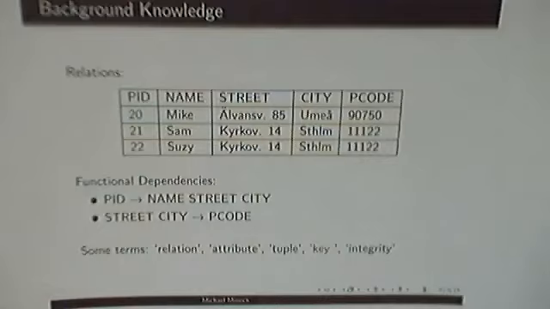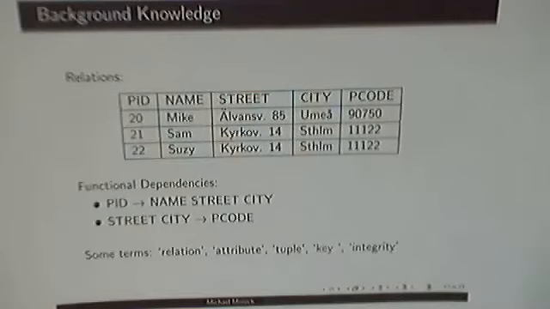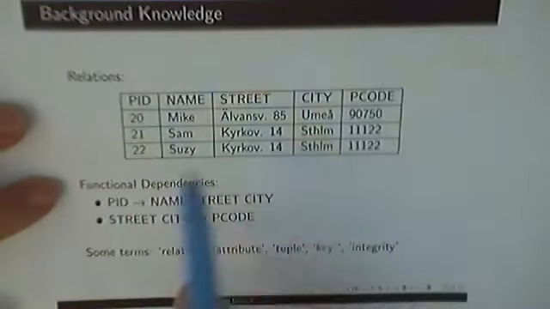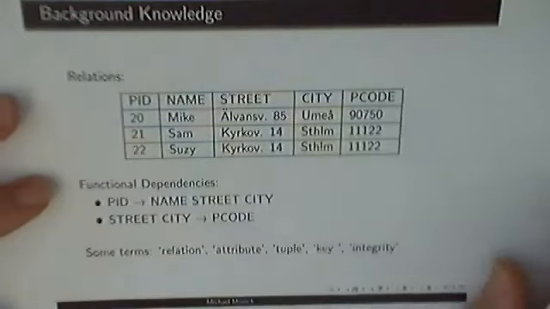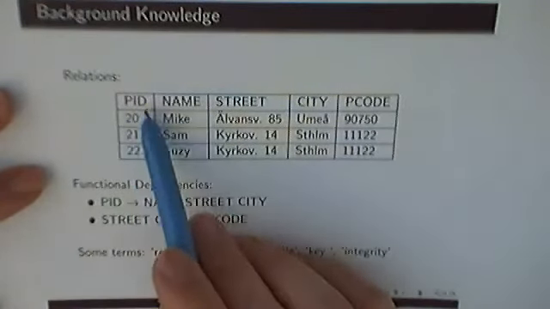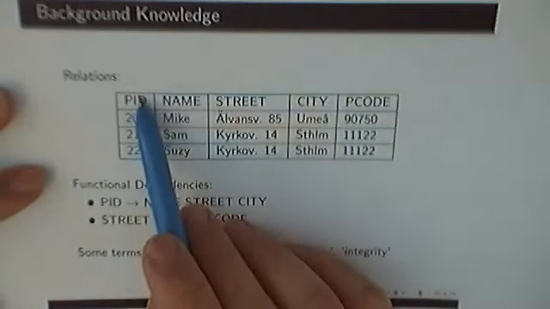So okay, just a little bit of background knowledge, and I'm assuming that this should be pretty clear to everybody. We have the notion of a relation, which is like a table, but we call it a relation for these purposes. And then they have attributes, of course. Those are the main headings of the table, or the attributes of the relation.